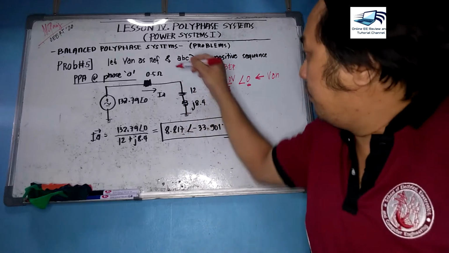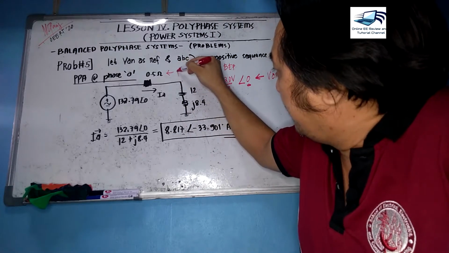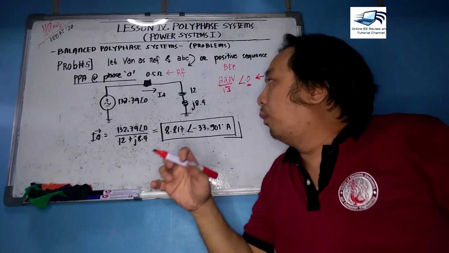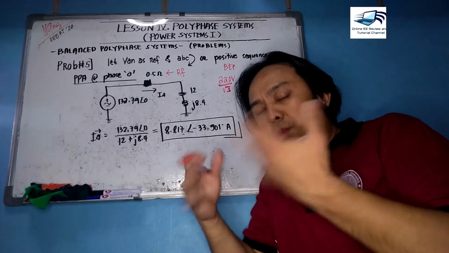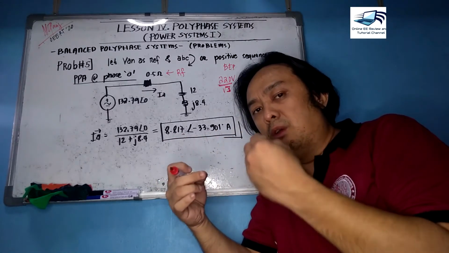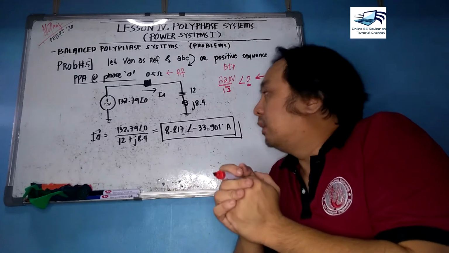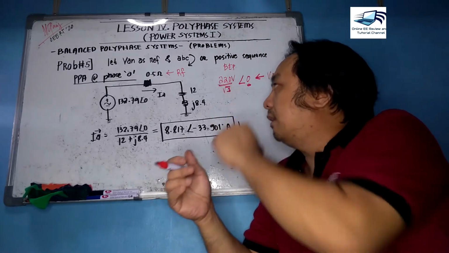And then there's no sequence, so we can have the ABC sequence or positive sequence. Now we have here the feeder resistance, 0.5. You do not need to multiply it by 2 simply because this is a per phase basis, so we need to have the per phase feeder resistance. So we have that as 0.5.